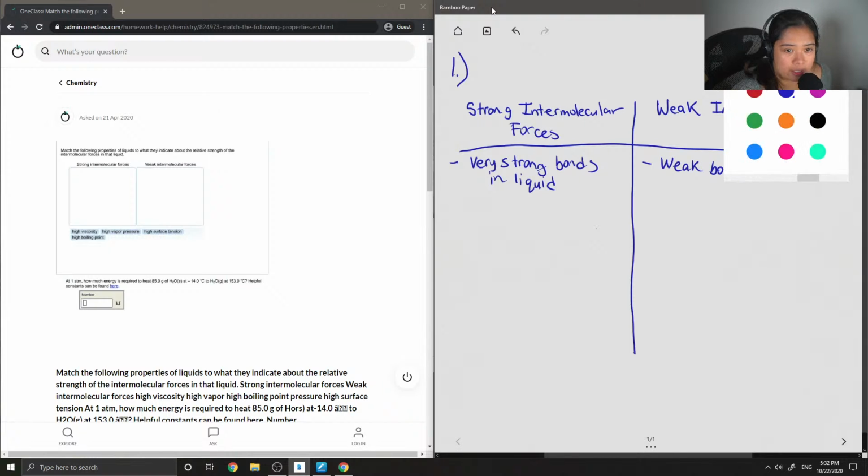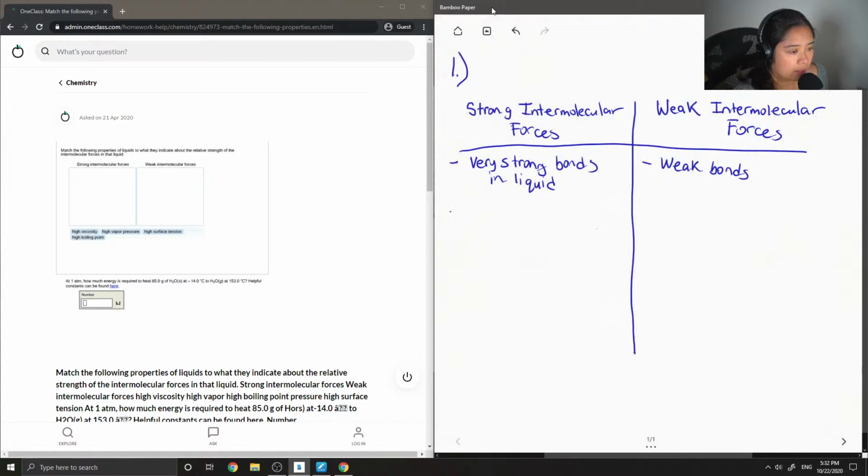So then if you try to think about the properties of liquids that have strong bonds, they're much harder to boil since they're stronger. So they have high boiling points. They also have high surface tension.